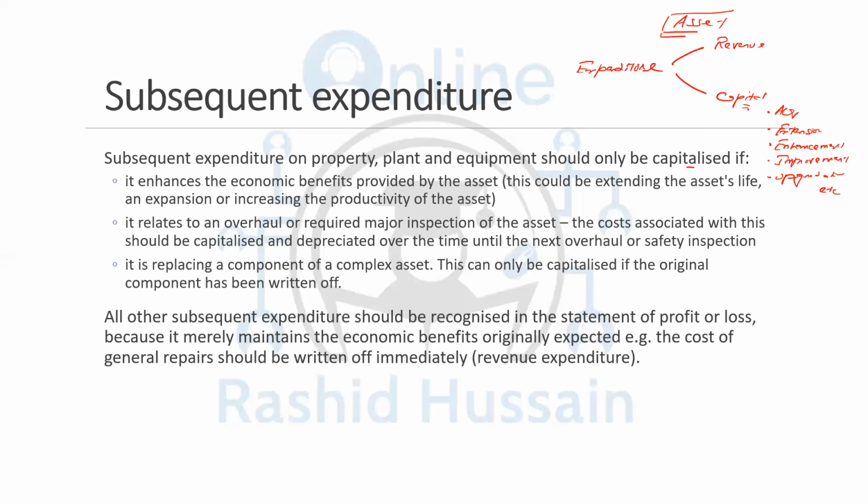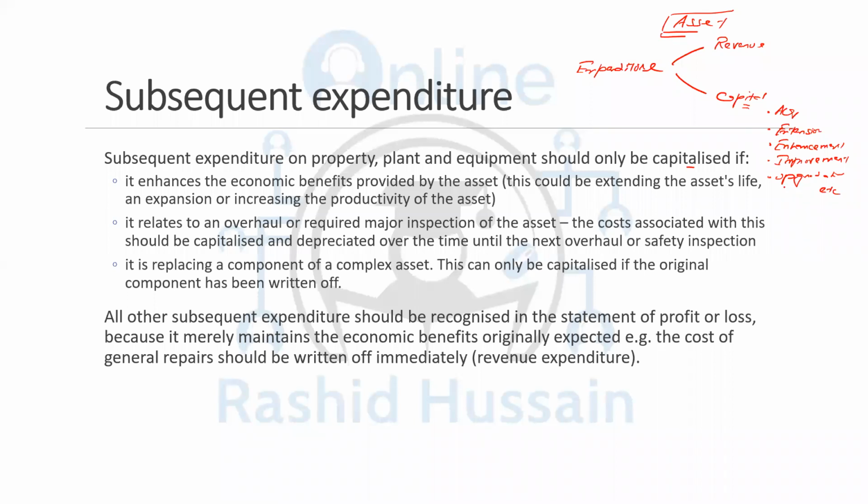So any expenditure on the non-current asset which is related to its acquisition, purchase, extension. For example, you're having one warehouse and now you're extending it to another, so you are having two warehouses. Enhancement, improvements, upgradation. For example, your machine was initially producing 1,000 units, and now you have done the expenditure on it, which resulted in more units being produced.